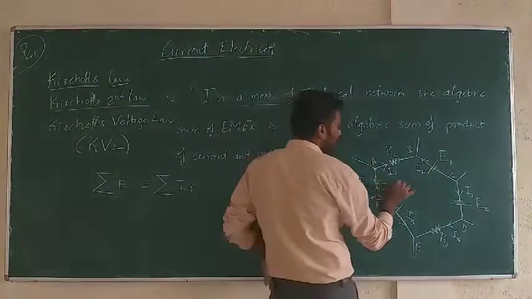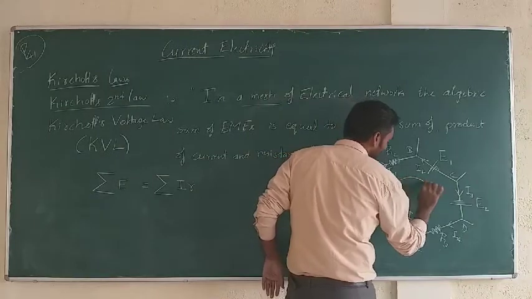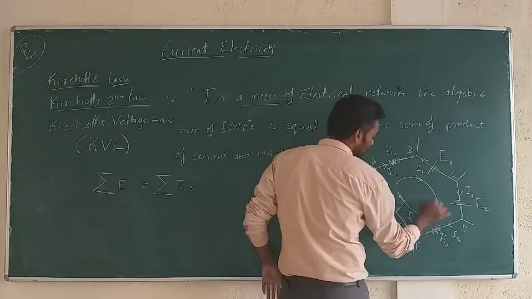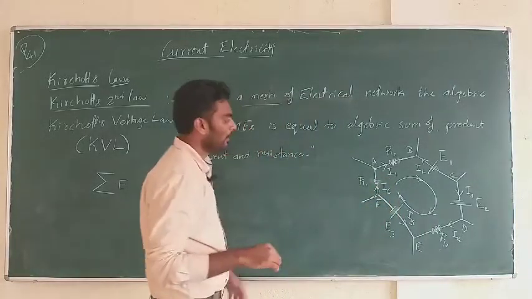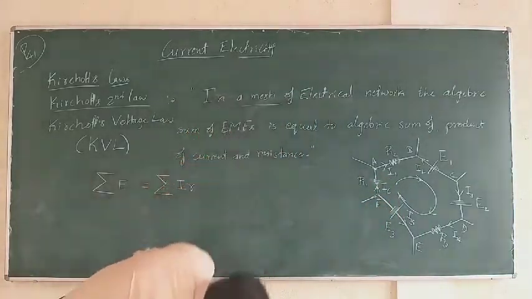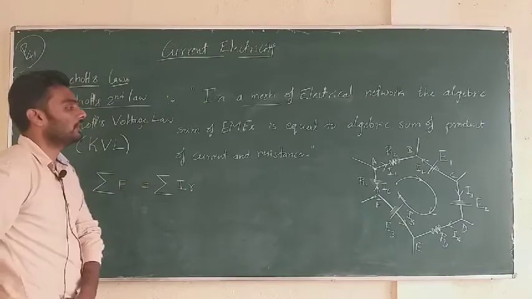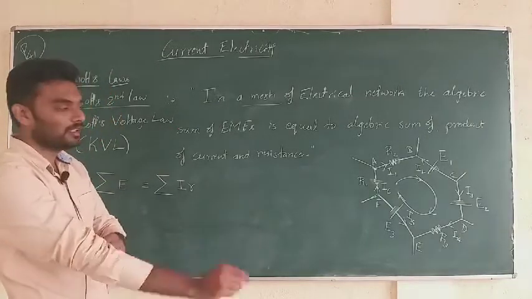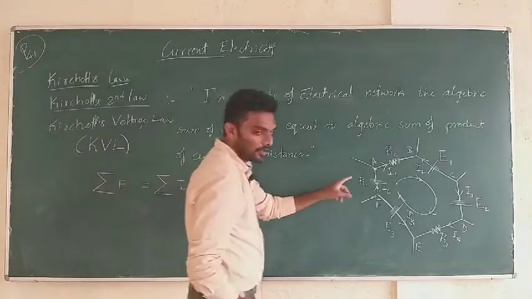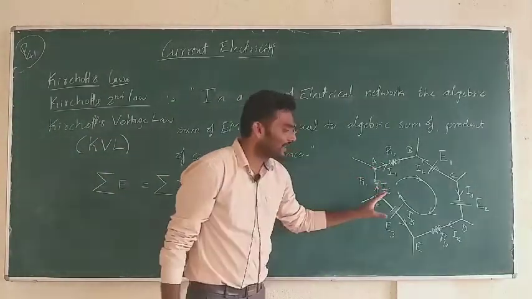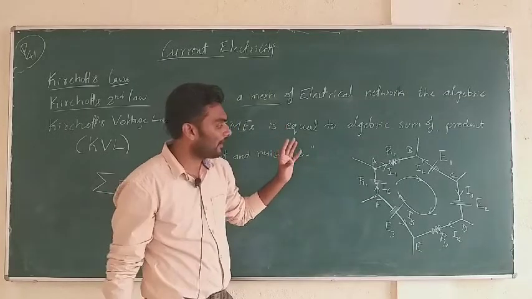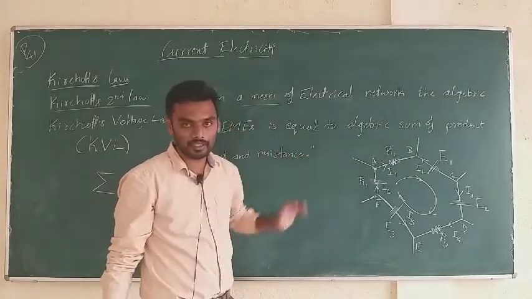Okay, let me choose to go this time in a clockwise direction through the electrical network. Okay, and a few rules that I need to consider here before applying the KVL is this. Now I need to decide the sign of the currents and sign of the EMFs.